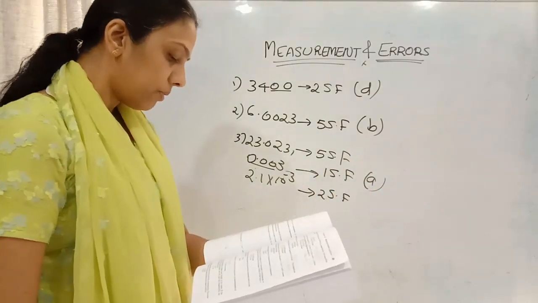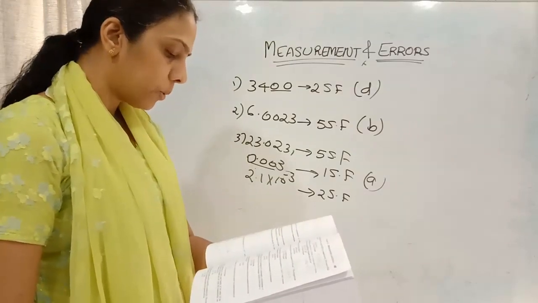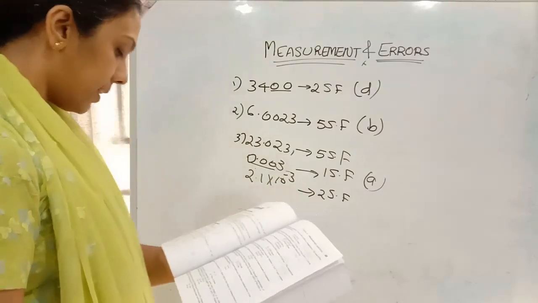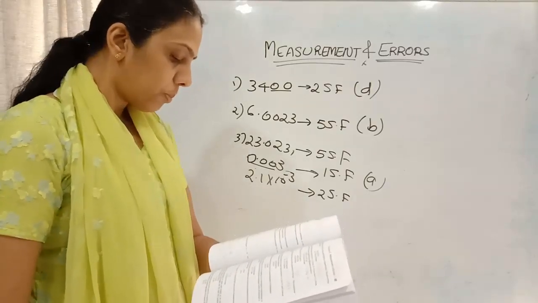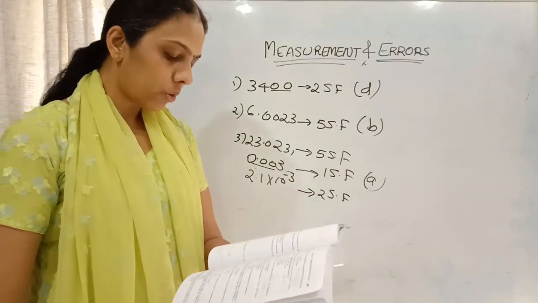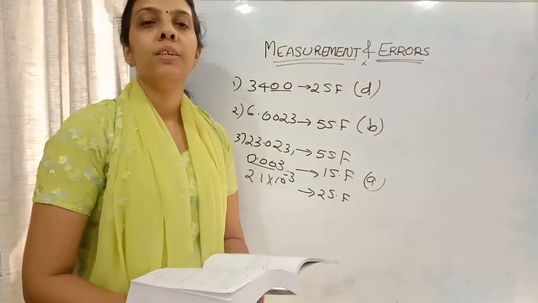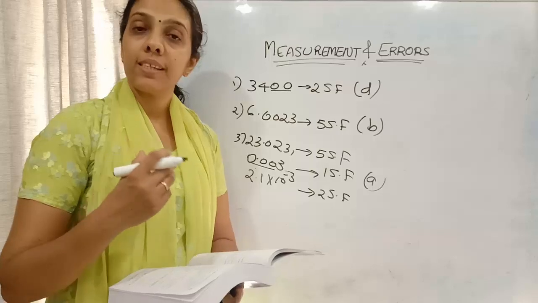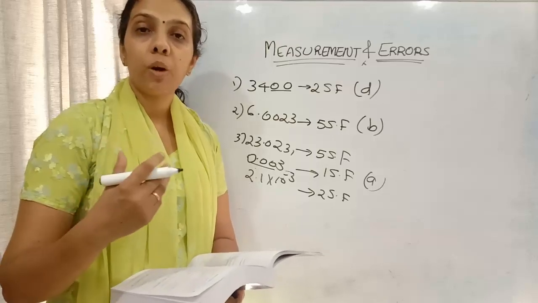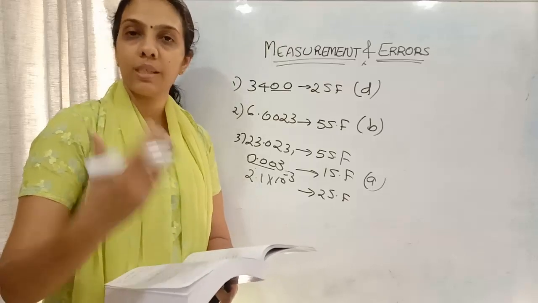Then, which of the following measurements is most accurate? Here it is given 40 meter, 0.04 meter, 4.00 into 10 to the power minus 4, 4 into 10 to the power 2. How will we find the most accurate one? It is the one having the maximum number of significant figures after the decimal point.